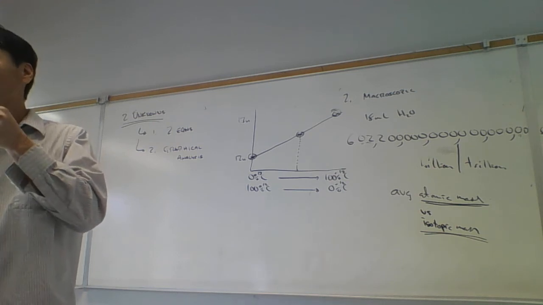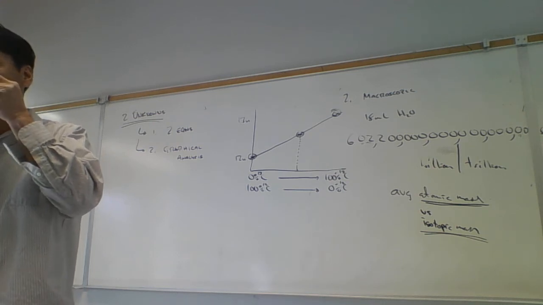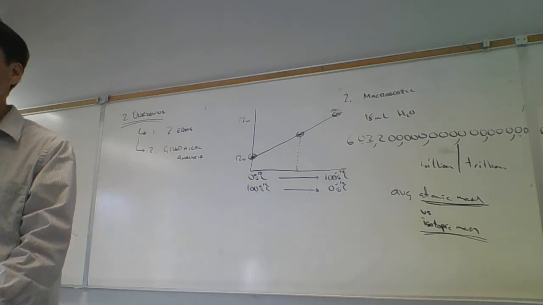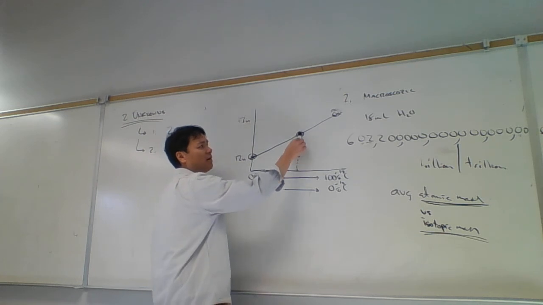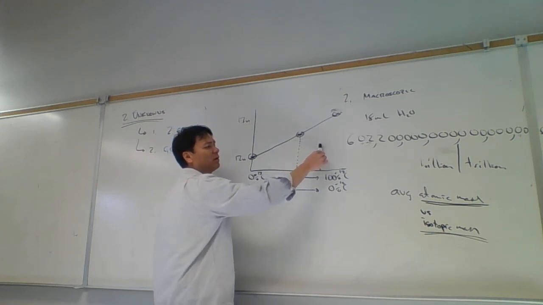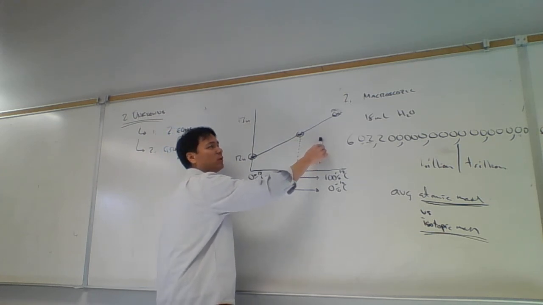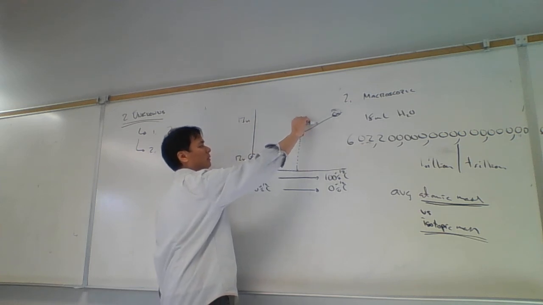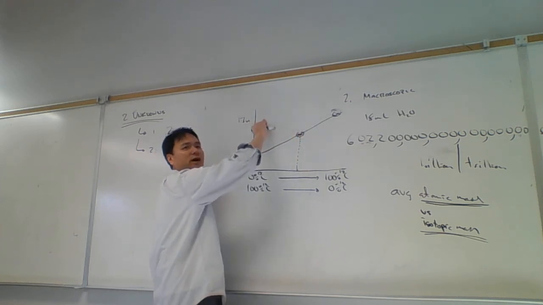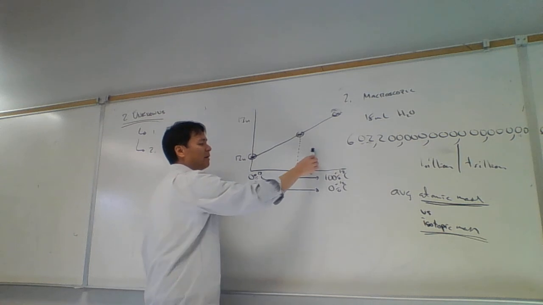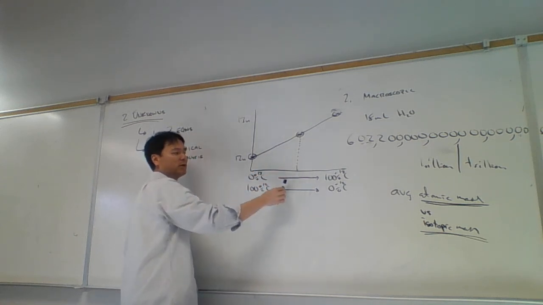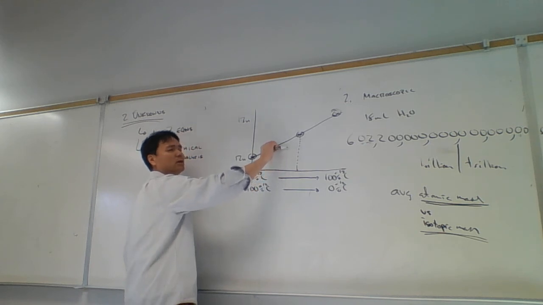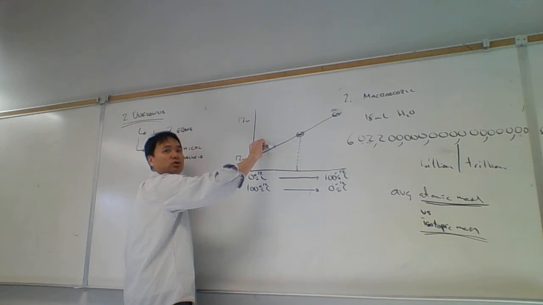If this is 75% carbon 13, what's the average? If it's 50% carbon 13, it's halfway. If it's 75% carbon 13, it's 3/4 of the way. 3/4 of the way will be 12.75. If it's 25% carbon 13, it's here. That means it's 75% carbon 12, which brings it closer to carbon 12, which means it's 12.25.